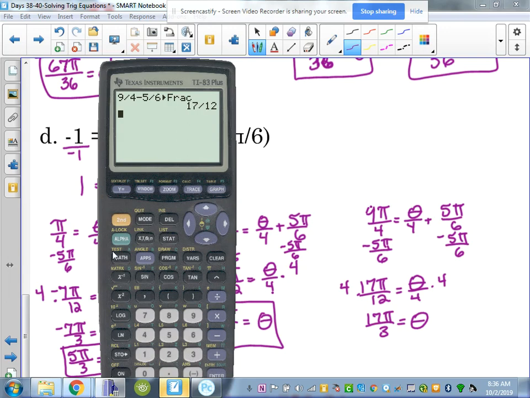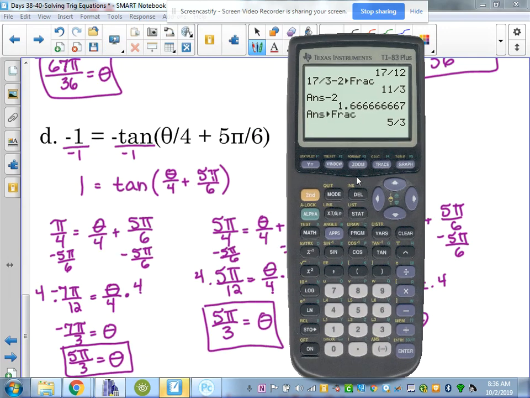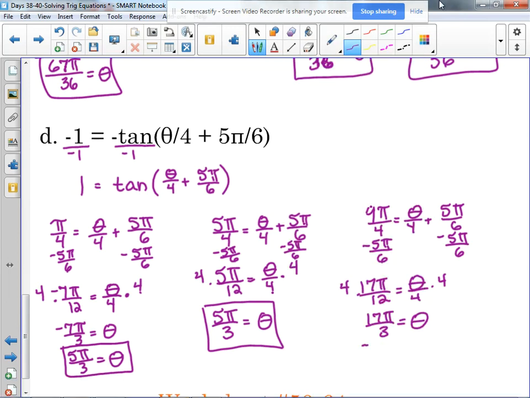Positive answer, but it's bigger than 2 pi, so we've got to take 17 over 3 and subtract 2. That's still bigger than 2 pi, so we got to subtract 2 again. That's less than 2 pi, but look, we already got that answer. So we don't need it again.